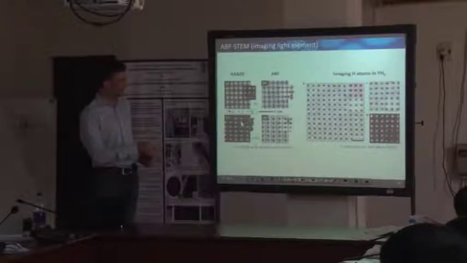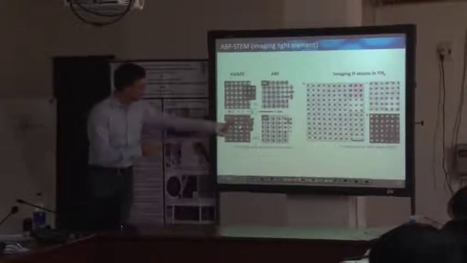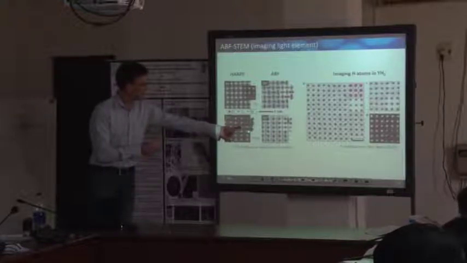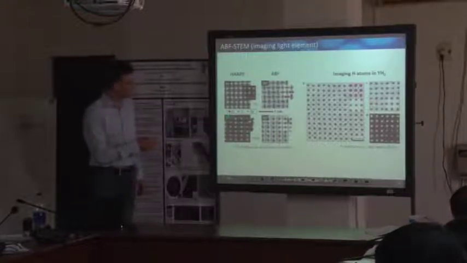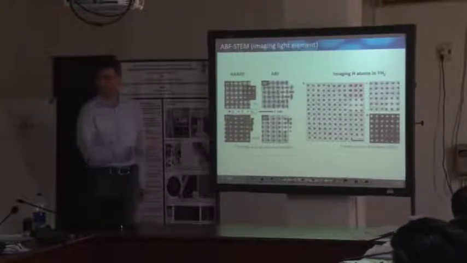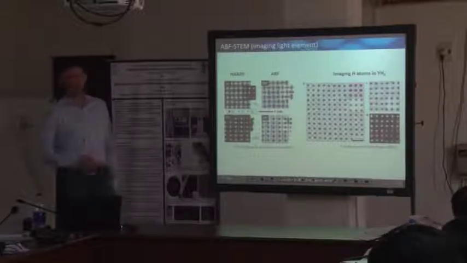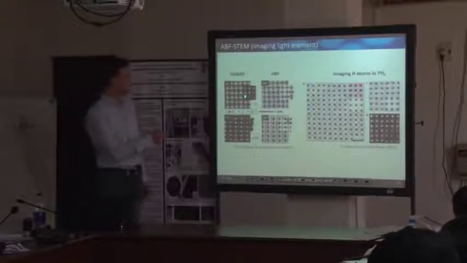Let's have a closer look. It's hardly visible that there are these oxygen columns in between. We hardly see these oxygen columns; we see the titanium and the strontium, but we don't see the oxygen.